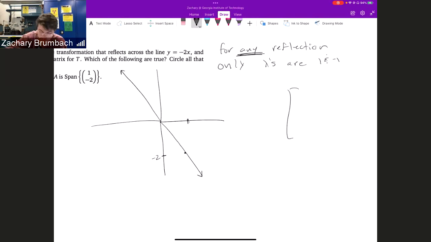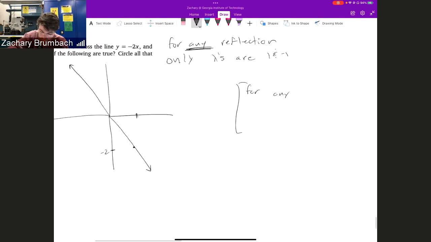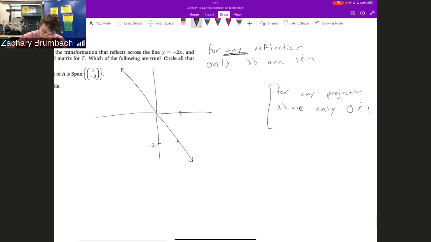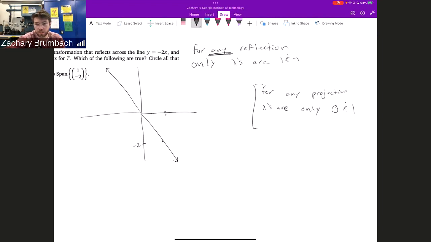As a sidebar for something else that's relevant, for any projection, our lambdas are only 0 and 1. Okay. These are very important things. You should just know these for the exam.